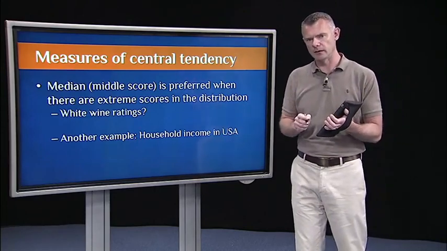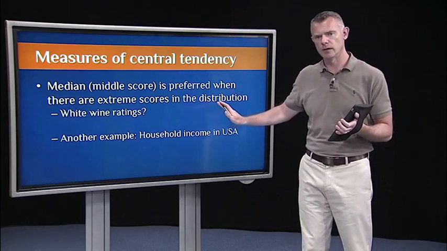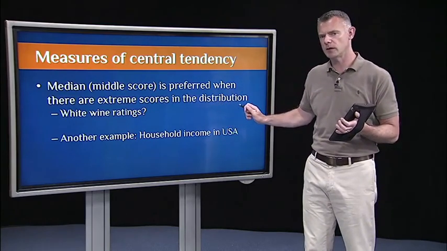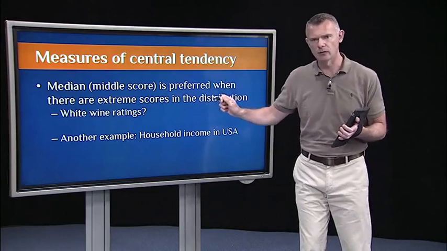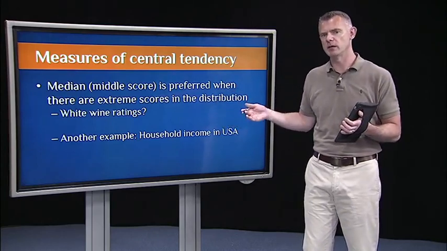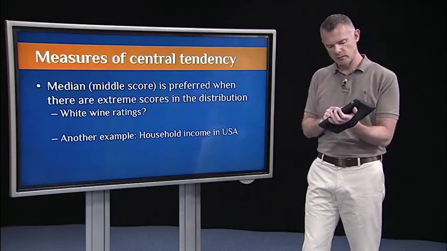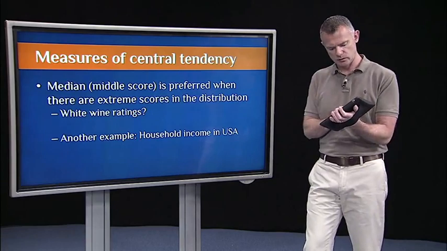And we'll take a look at that as well. So you'll often see reported in the news, or if you're reading stuff on the internet, you'll often hear median salary or median household income reported rather than mean salary or average household income. And that's because those distributions are skewed.